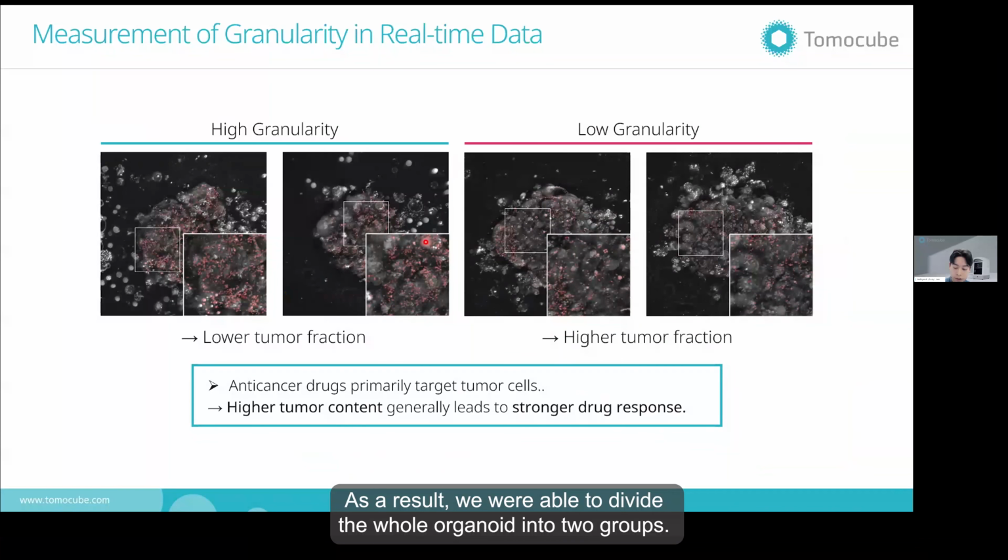As a result, we were able to divide the whole organoid population into two groups. One group has high granularity and another group has lower granularity.